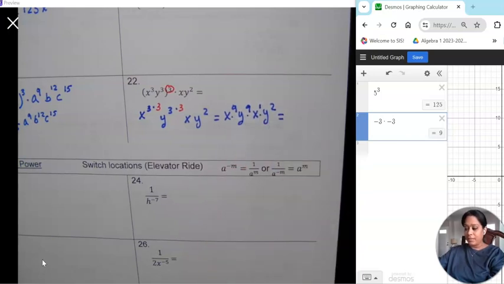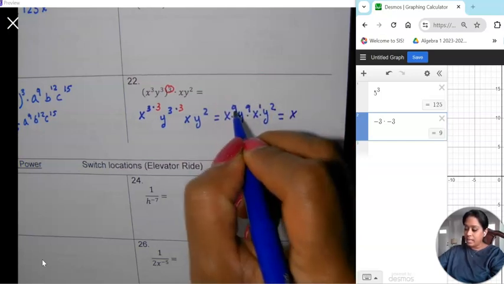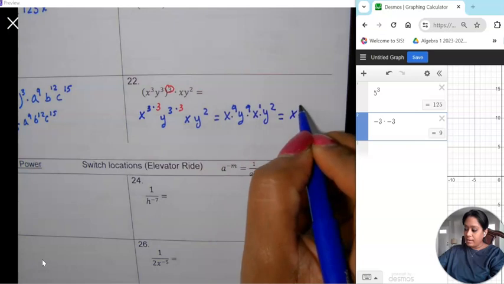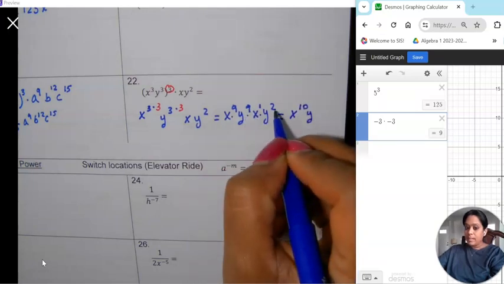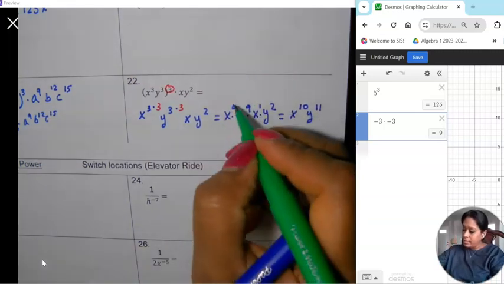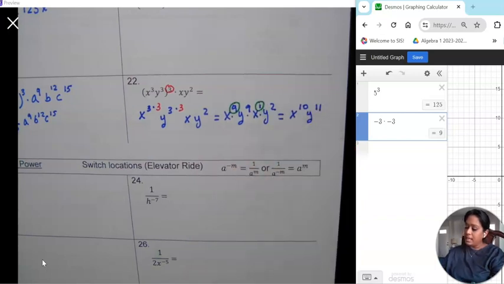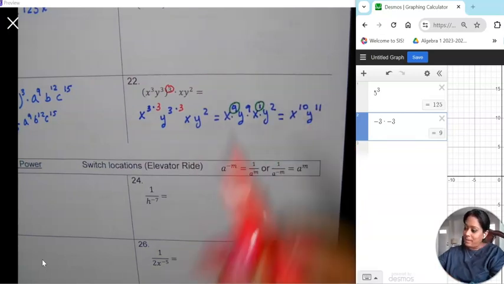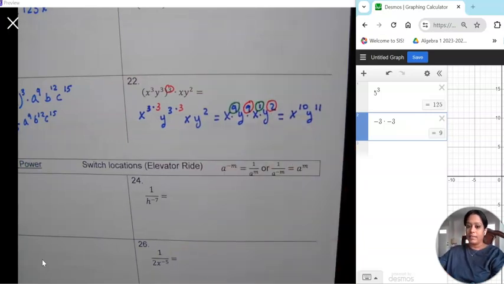The second rule I went over was you add the exponents. Okay, so you're going to do 9 plus the 1 here, which is 10. And then y to the 9 plus 2, which is 11. Okay, so basically I added these two together to get the 10, and then I added 9 and 2 together to get the 11.